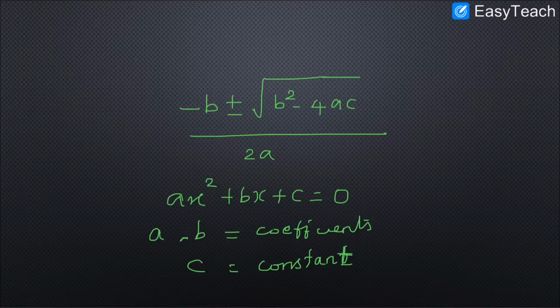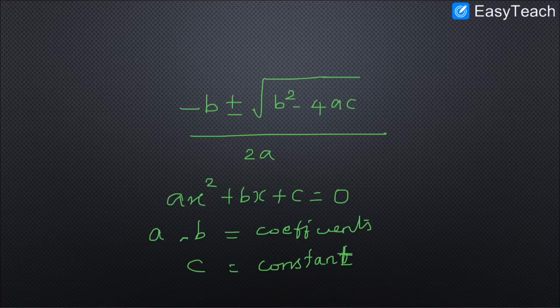If you want to apply this quadratic formula to our equations, we have to make sure that the quadratic equation which is given is in the standard form of quadratic equations.